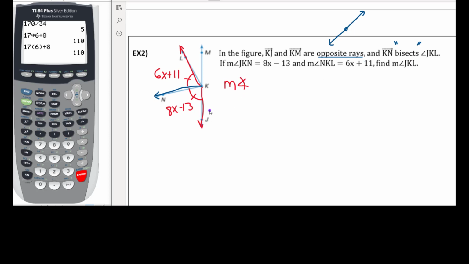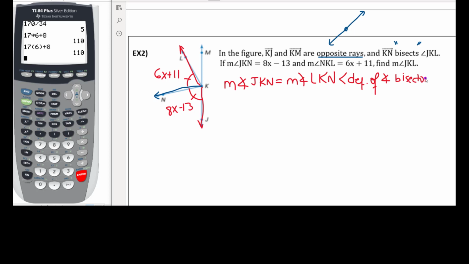So let's set up the measure of JKN equals the measure of the other angle, which is LKN. And the reason that we can say this is because of the definition of angle bisector.